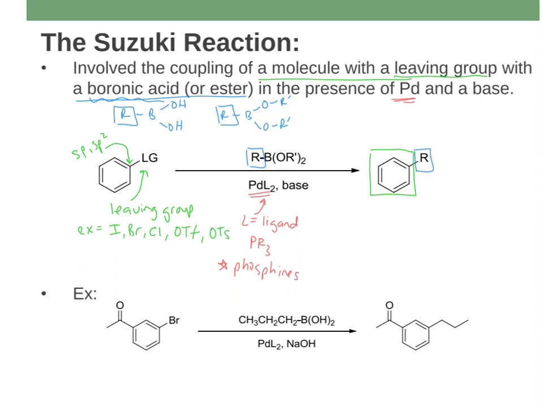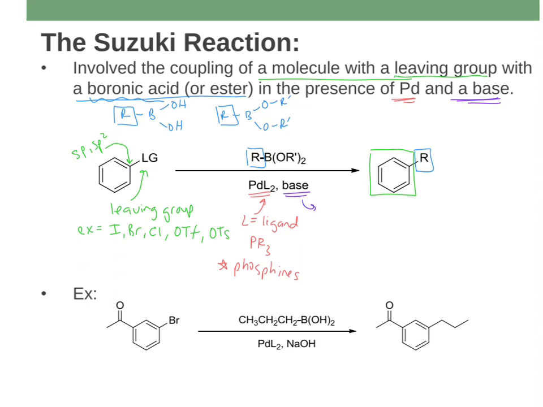And then the last piece here is that Suzuki reactions require a base to help with one of these steps in the catalytic cycle, the transmetallation. Again, don't worry about the catalytic cycle or the mechanism. That's for later chemistry for you in the future. Hopefully you'll take an organometallics chemistry class in the future. But you're going to have some sort of base, so I'm just leaving this generically as base.